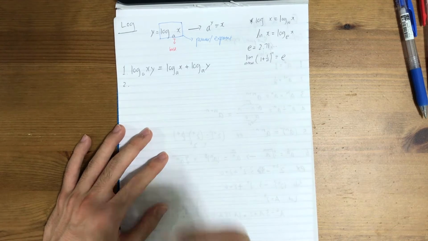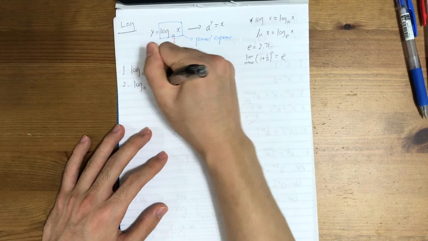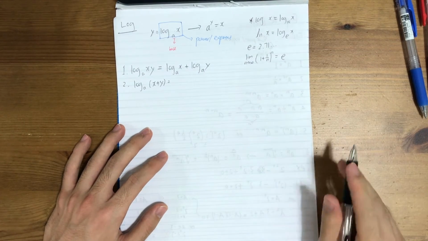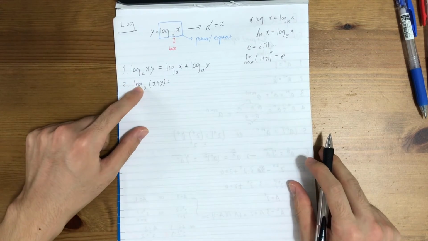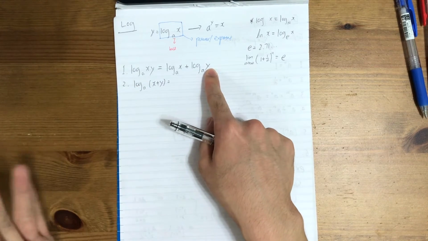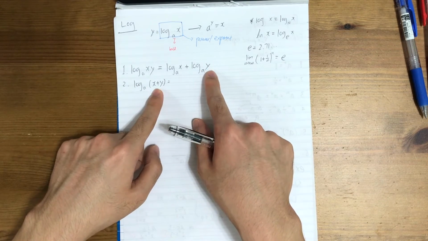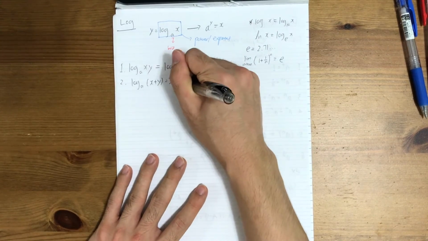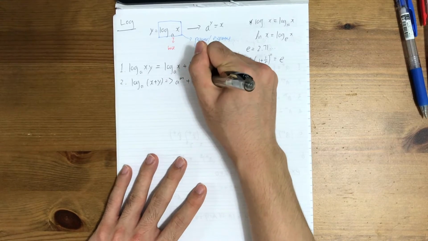A lot of students make this mistake. Then what about this? Later, when you see this, some say this. No. What does this mean? We are adding two different exponential values, for example, a to the m plus a to the n.